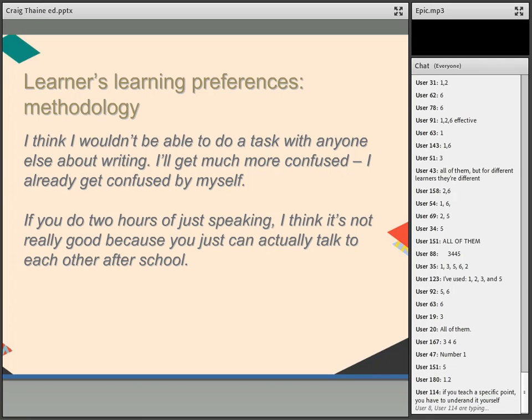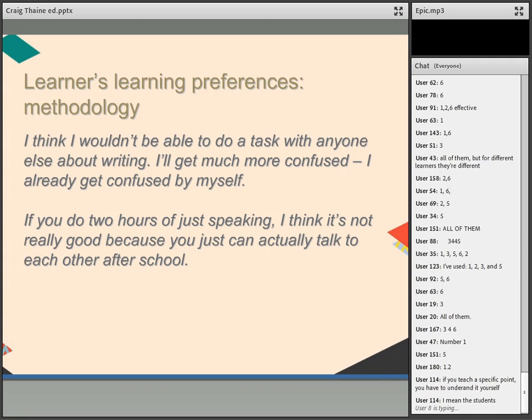So the first comment here, this learner, she felt that she needed to work on writing, and she wanted to do this on her own because trying to do it in a task-based group environment would cause her confusion. She felt that she already got confused just on her own, so doing a task with other learners would be even more confusing.